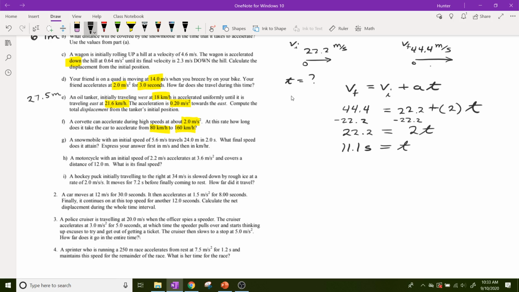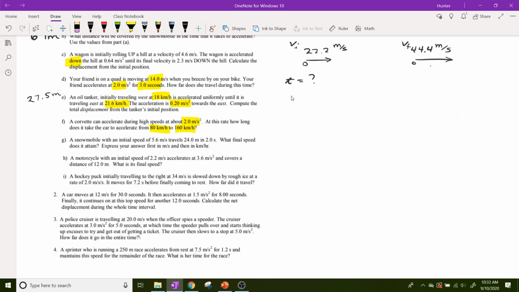I don't know. Next one is completely different, right? Snowmobile, another snowmobile. Okay, so I'm going to erase this one. That last one was 11.1 seconds. We don't even know what a snowmobile is down here. It's like a winter four-wheeler.